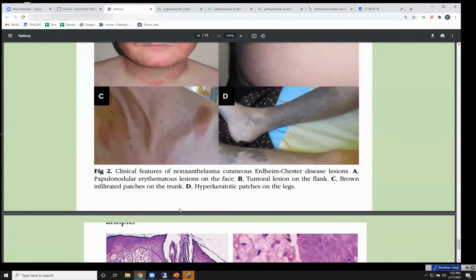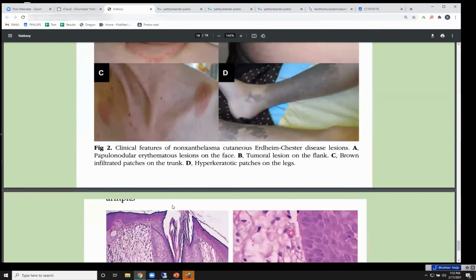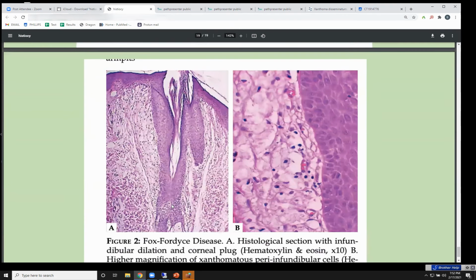And then lastly, I just wanted to show you not everything that's foamy is in the histiocytic chapter. And this is a beautiful clue for a disease called Fox-Fordyce disease, which is apocrine miliaria, and it's often very, very hard to find the apocrine epithelium on the slide because of how our sectioning is.